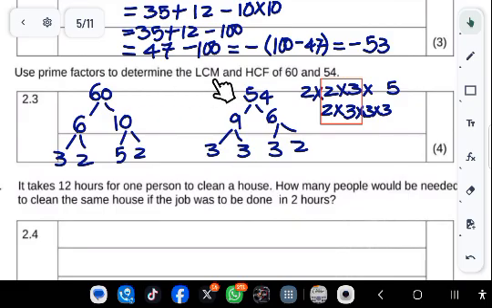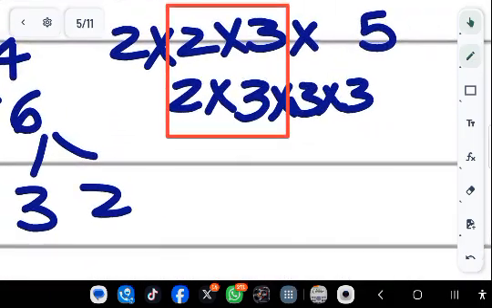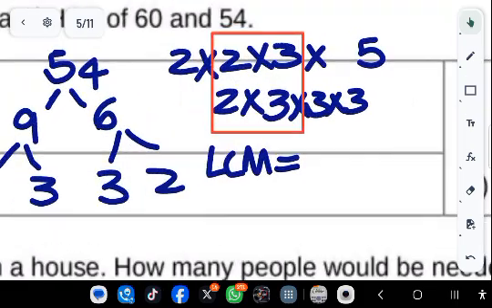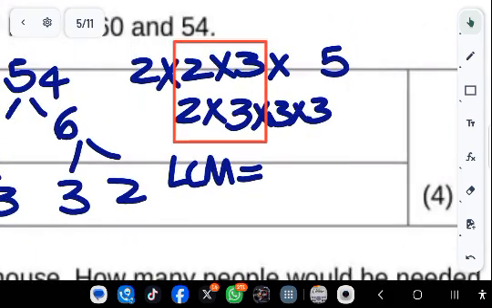Now, the lowest common multiple. The lowest common multiple is what you get when you multiply 2 times 3 times 3 times 5 and then 2 times 2 times 3, but you don't duplicate the ones that I circled that are common, so you don't duplicate them.